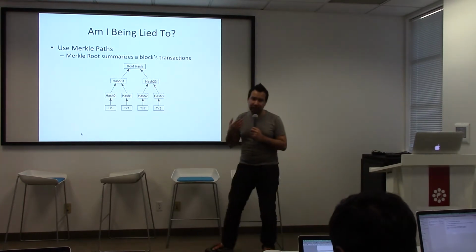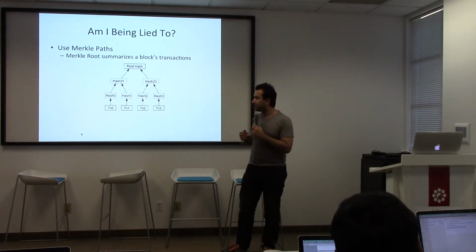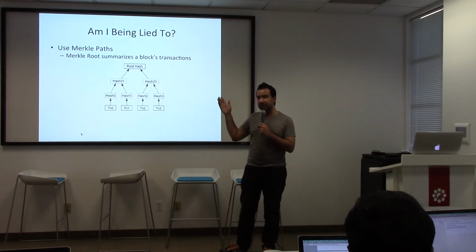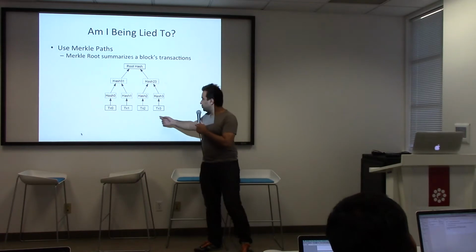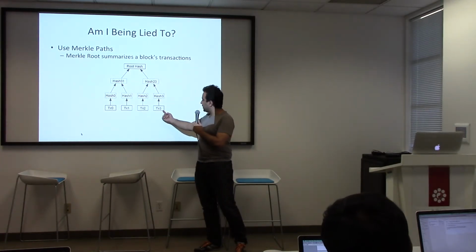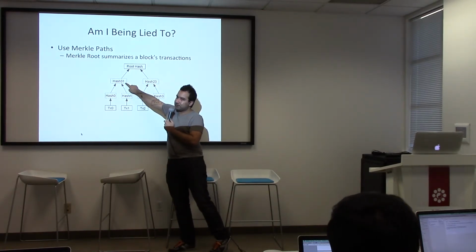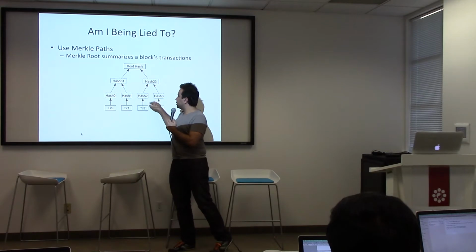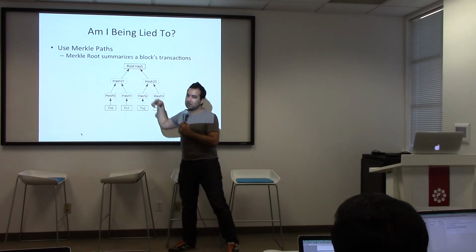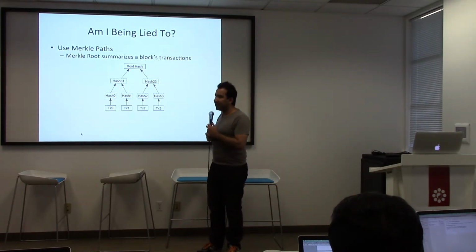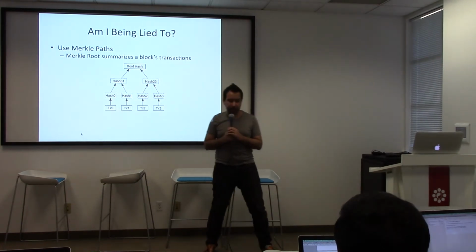Now, when the node sends me an update, and they say transaction 2 was verified by this block, they are going to send you the hash for transaction 2, the hash for transaction 3, so I can hash these and arrive here. They're also going to give me the hash to this, right? This value. So I can combine all of these values and arrive at a root hash that is the Merkle root that is passed in the block header.